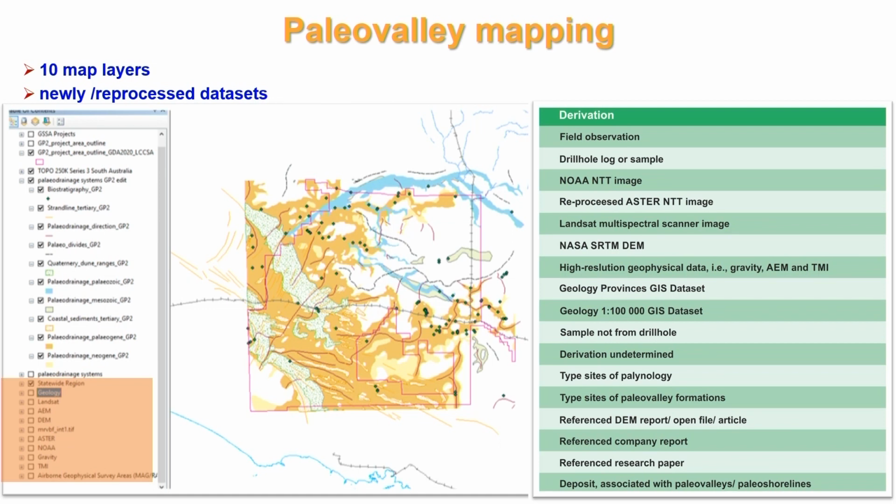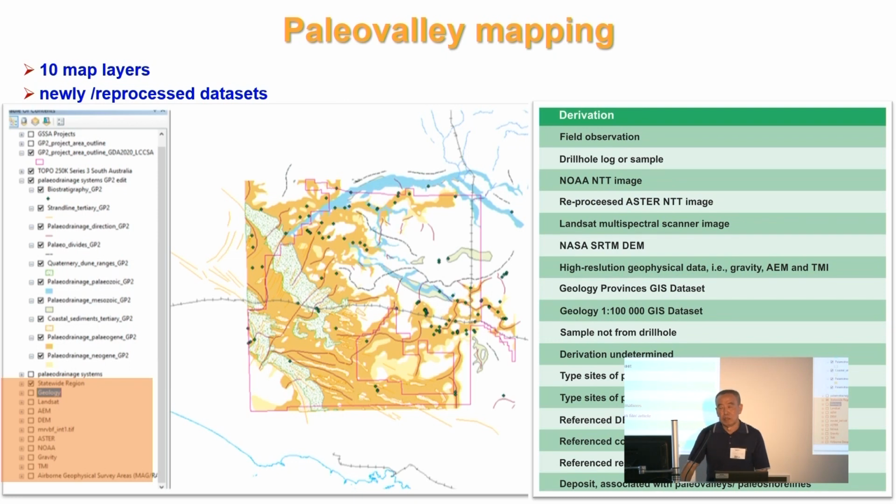All this information, we mostly worked on based on the previous publications we did, for example the statewide paleo channel mapping, first edition 2007 and second edition 2012. Adrian and Liliana here are involved with this paleo channel mapping.